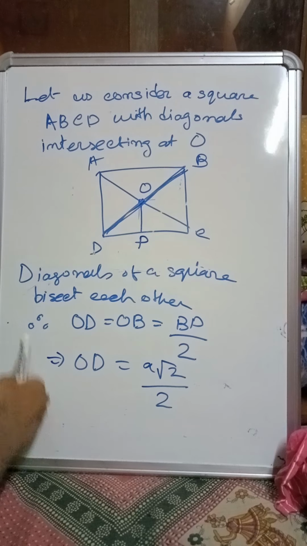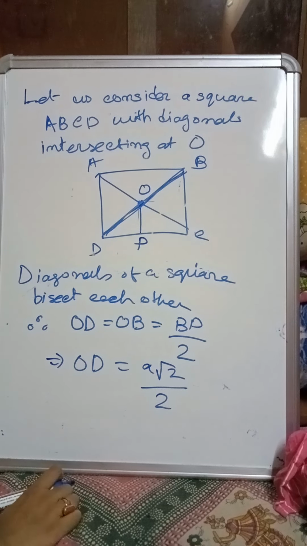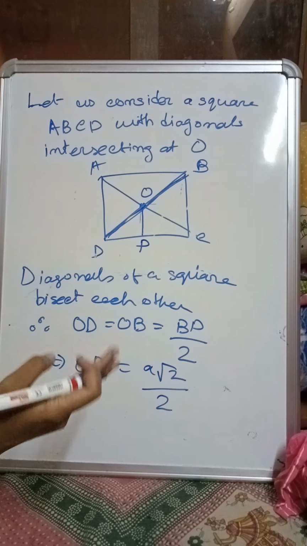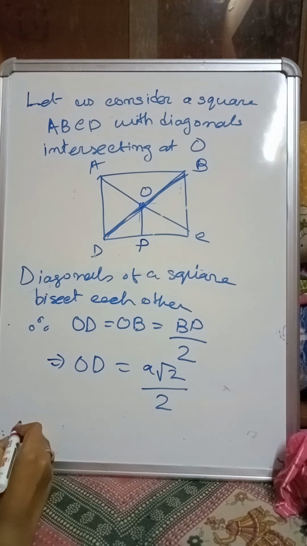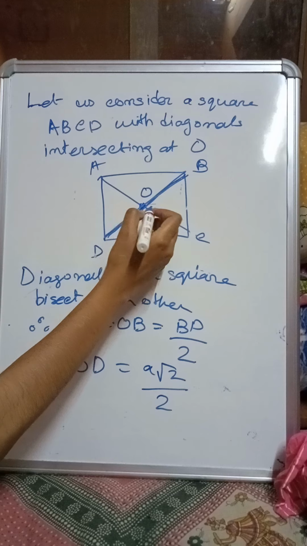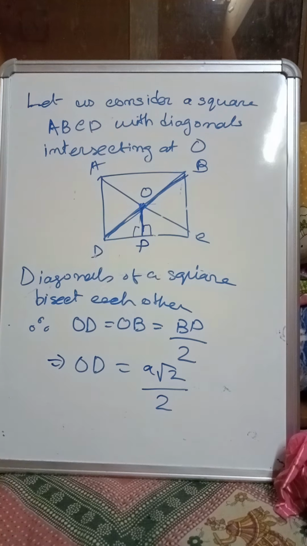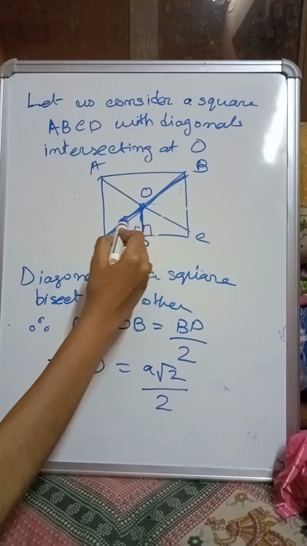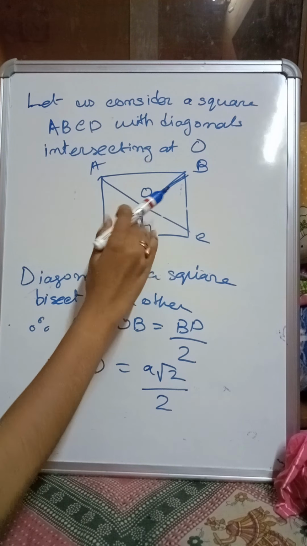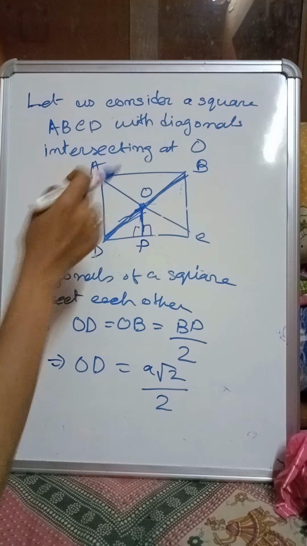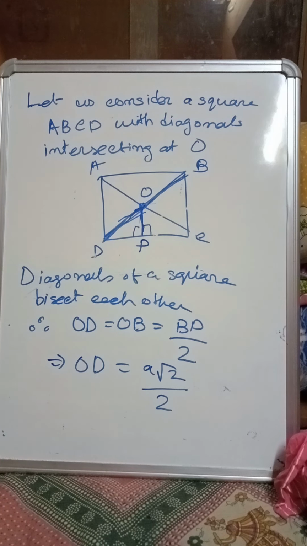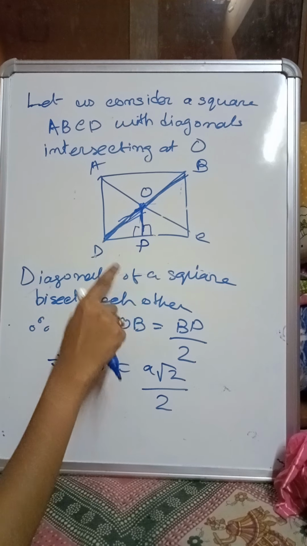Okay. Now by symmetry, you know symmetry means two identical equal halves. So why is it symmetrical? Because see, this is 90 degree, so this will also be 90 degree, this will also be 90 degree. Now OD and OC will be equal. And this perpendicular will bisect this line also, so this will also be equal.